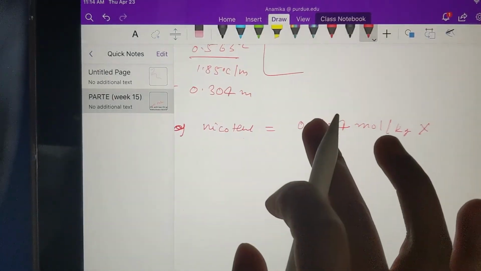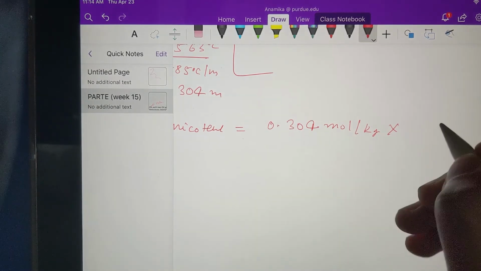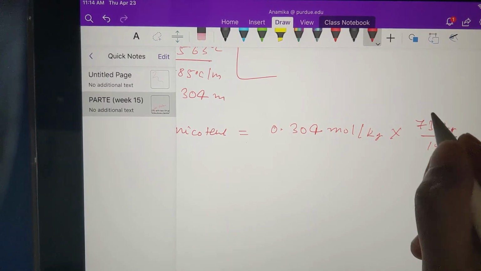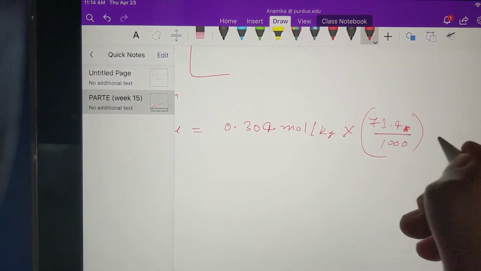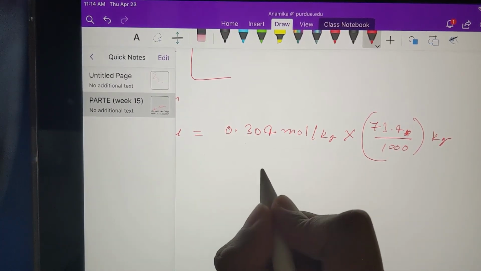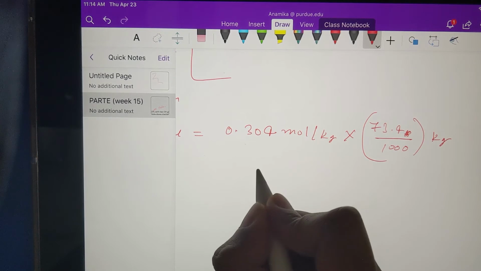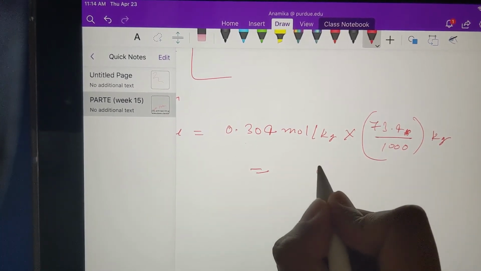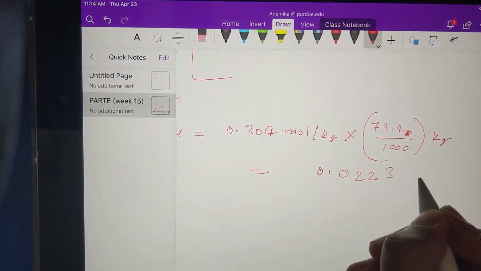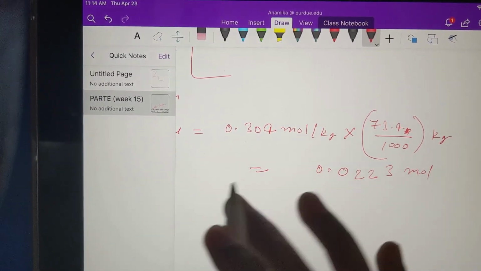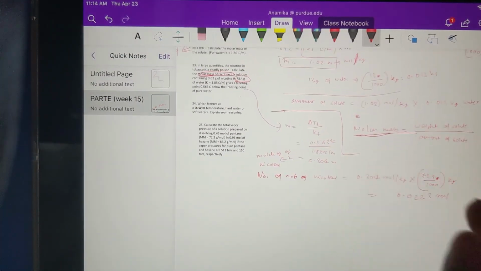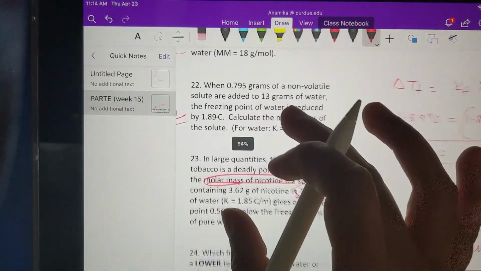So when you convert that to kg, 73.4 gram divided by 1000 kg. Okay, it's going to be around 0.0223 mole.